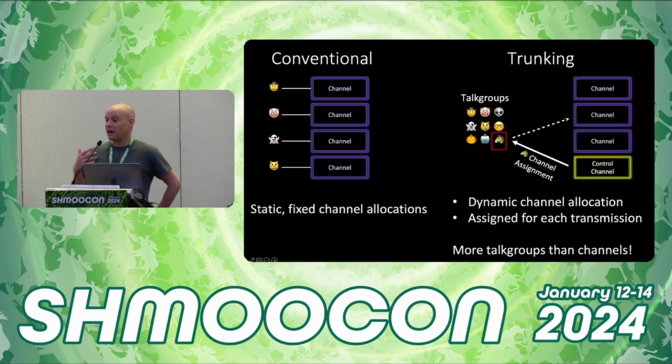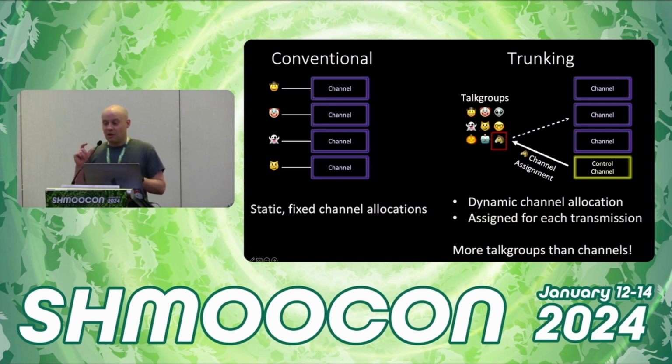When you start looking at radio systems, broadly they can sort of break down into two different types. You have conventional systems, and in those systems you have an RF channel dedicated essentially for that talk group or that purpose or type of conversation. And they're static, sort of fixed allocations, so they don't really change that often. However, in trunking systems, you have dynamic allocation.